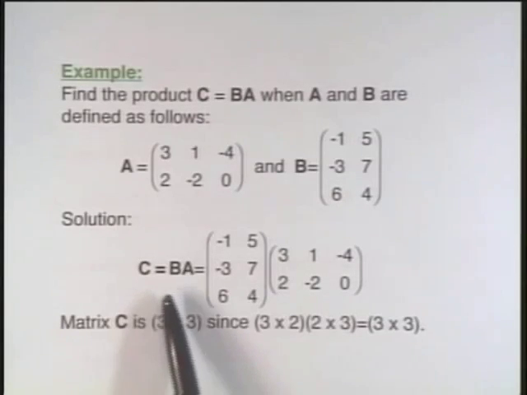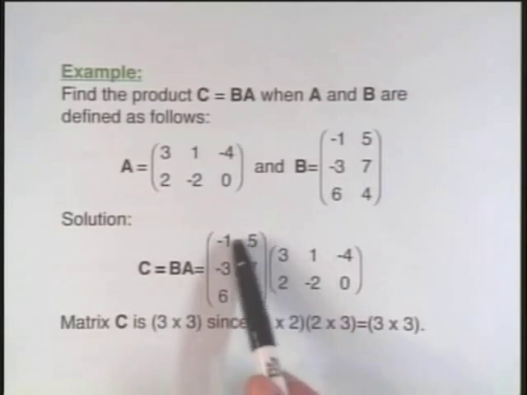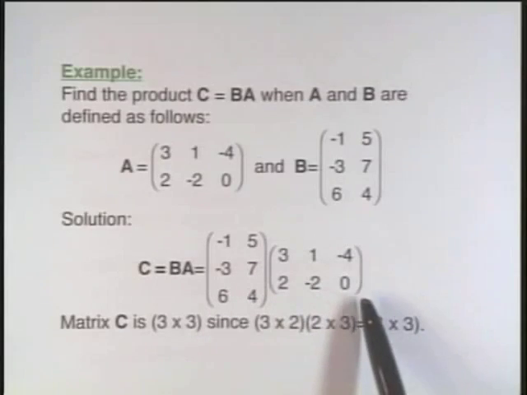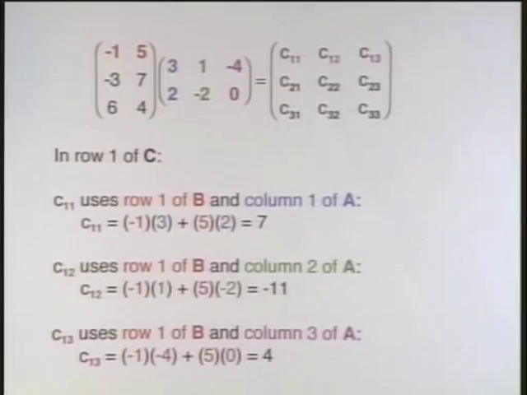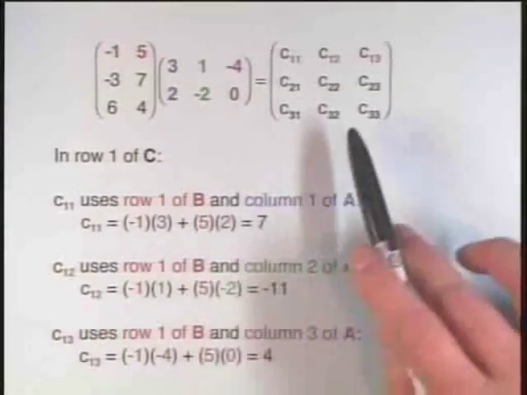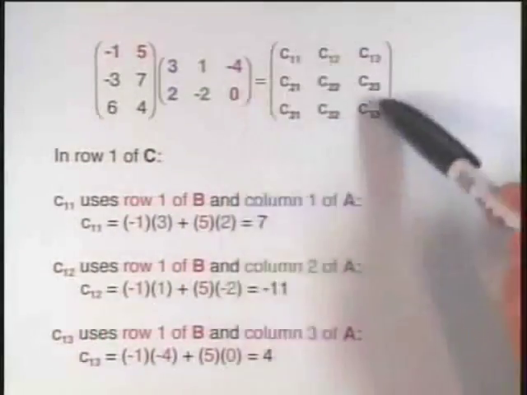So C is equal to B times A, so we put matrix B with matrix A. Matrix C is 3 by 3 since a 3 by 2 matrix times a 2 by 3 matrix, inner dimensions correspond, so we know the multiplication is possible, and the outer dimensions tell us that the result is 3 by 3. Therefore, B times A equals C with entries as shown.